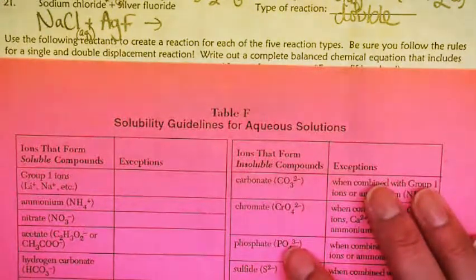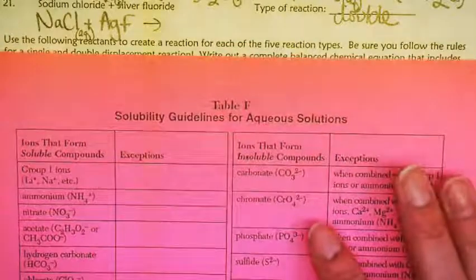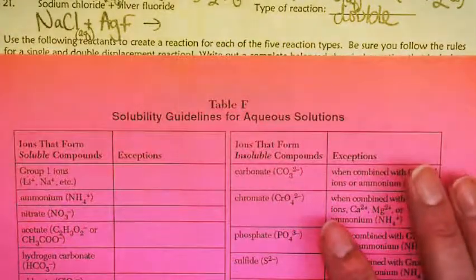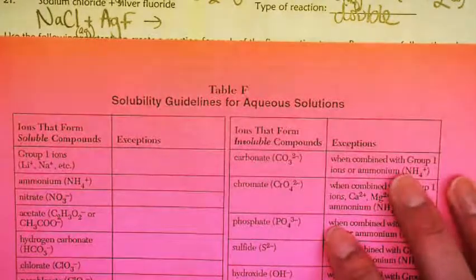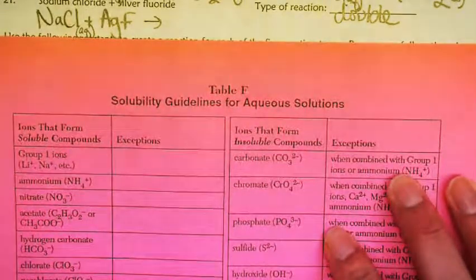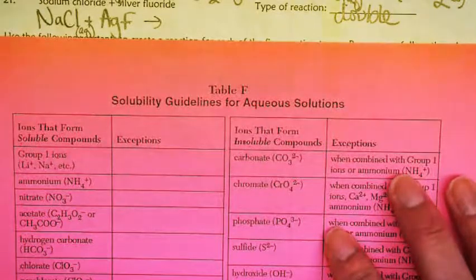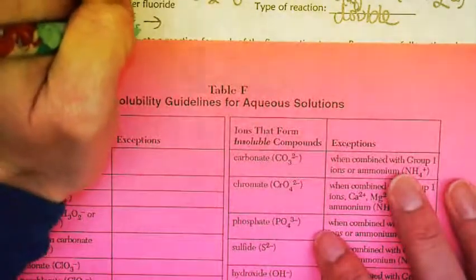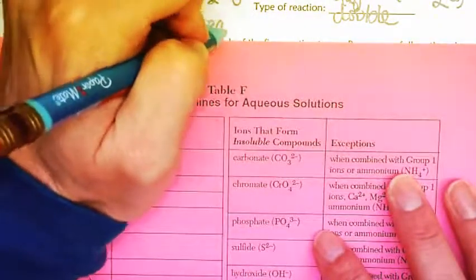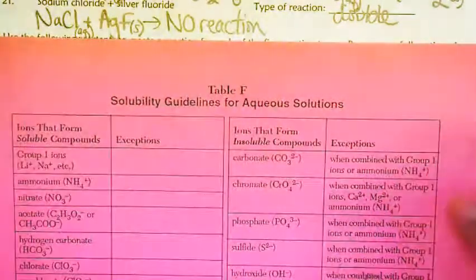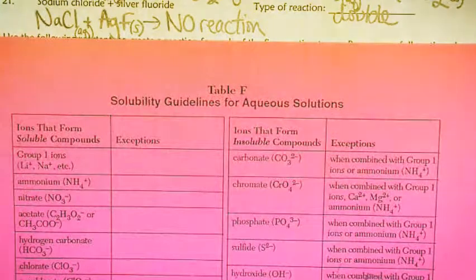Here's our halides. So fluoride would also count with that: fluorine, chlorine, bromine, iodine. And if we look at the exception, right here is the exception. Silver is combined with it, which means that this is actually going to be a solid. So once again, we will have no reaction because both of our reactants must be aqueous to begin with.